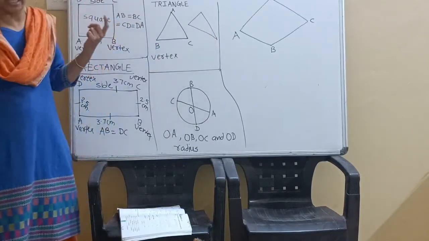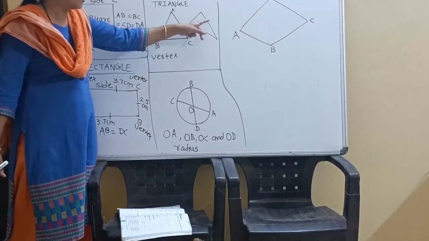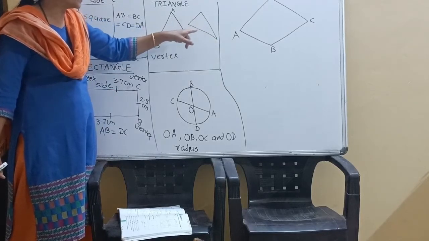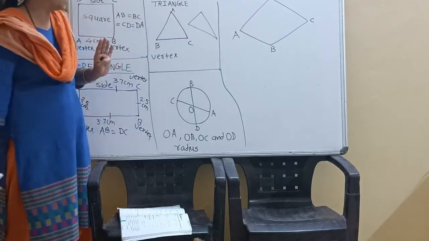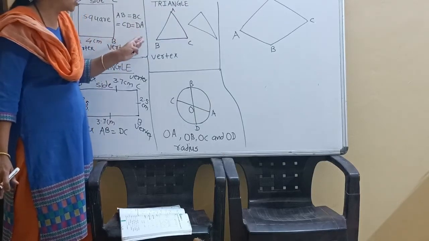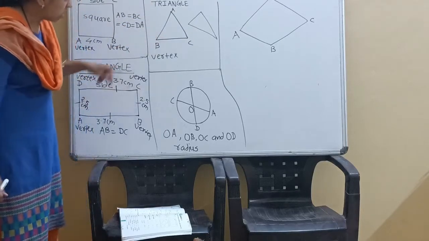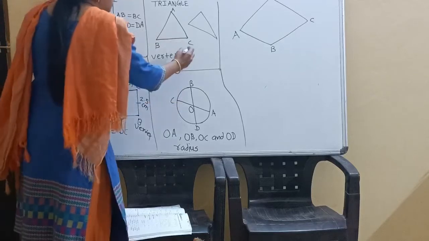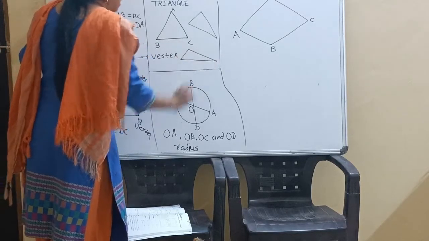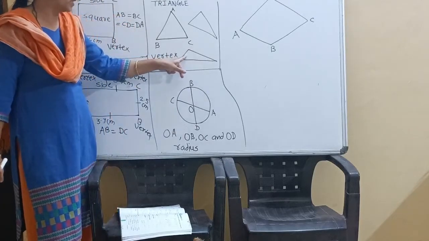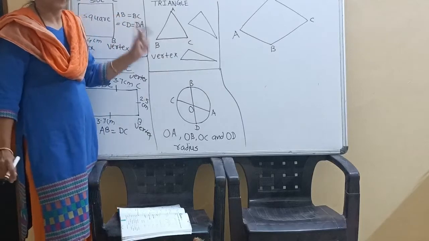We cannot say that every time all three sides should be equal. No, that is not necessary. That is not the definition of a triangle. We can draw a triangle of any shape. See, this is also one triangle, and the measurement of this line, this line, and this line is different.